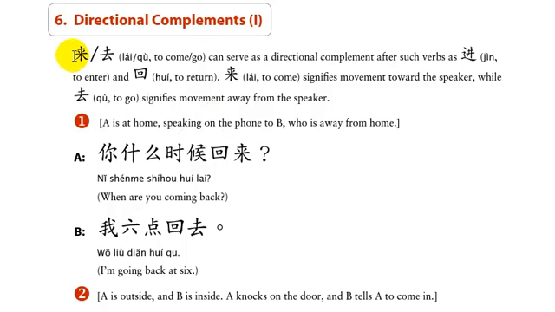Chinese can use 来 and 去 as directional complements, with 进 to enter and 回 to return. So you can have 进来, come in, 进去, go in. You can have 回来, come back, or 回去, to return to.